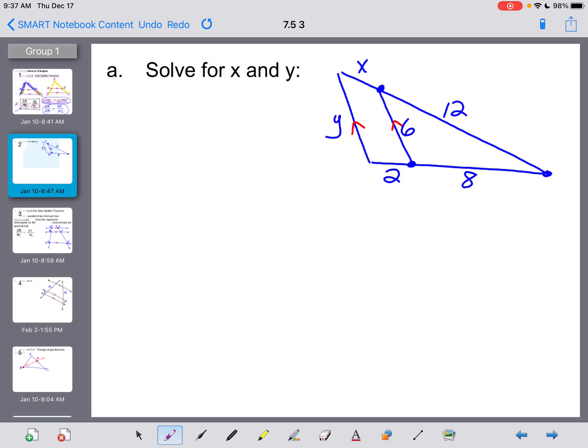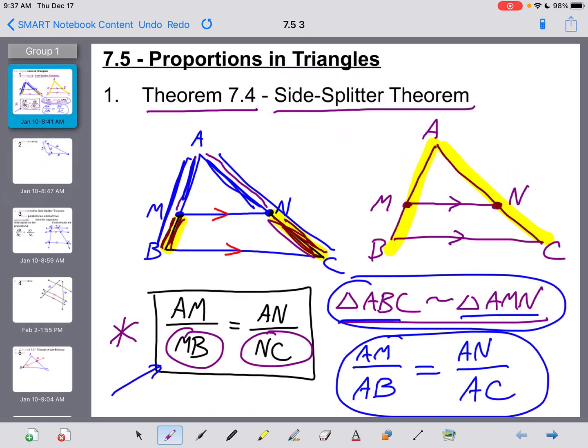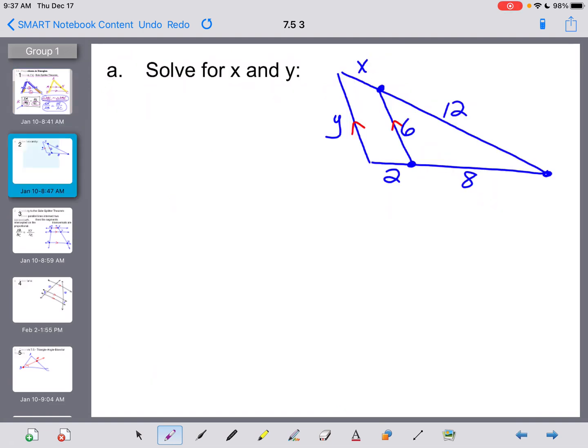You'll notice I didn't write out the side splitter theorem in if-then form, but possibly the most important thing to note is that it only works when the little segment you've drawn inside an existing triangle, in this case line segment MN, is parallel to the BC that I have on the bottom. And sure enough, that happens right here. You can see it with those red arrows.